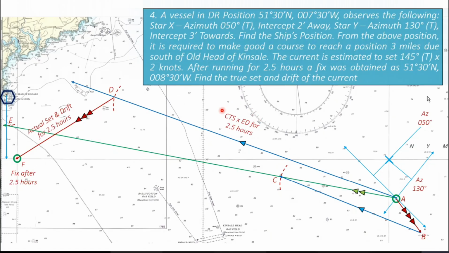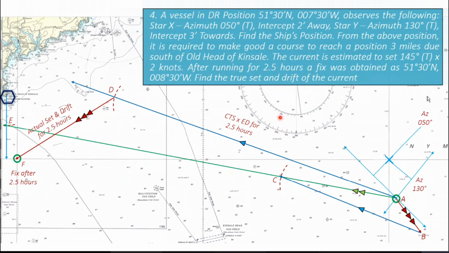Alpha to delta is the course steered and the engine distance for 2.5 hours. Now, if they would have asked us also to find out the actual course made good by the ship, that also could have been easily found if you join alpha with foxtrot, A to F. This would give us the actual course made good by the ship.